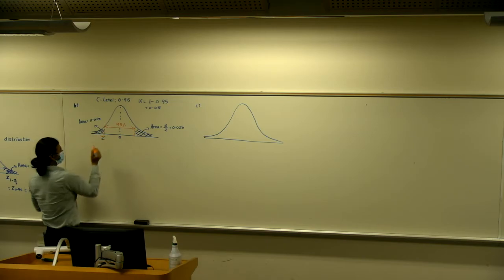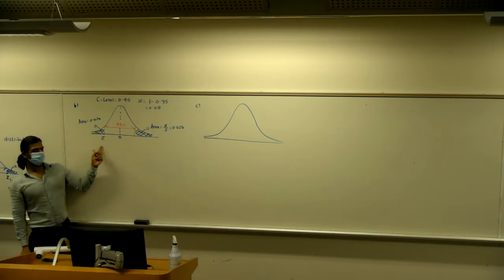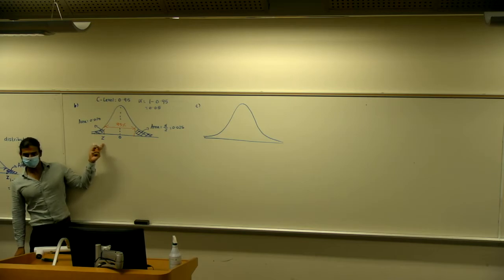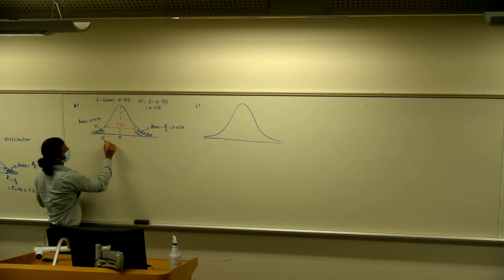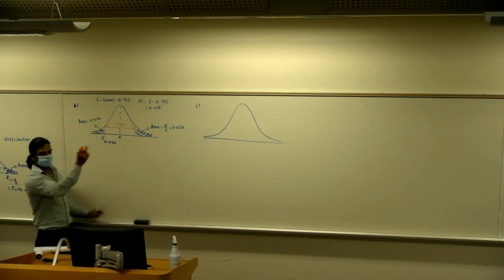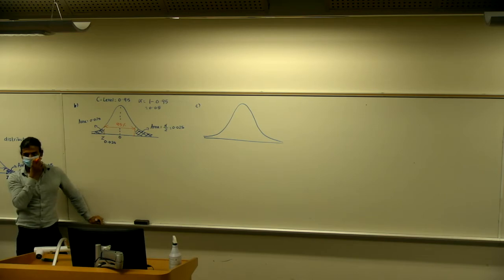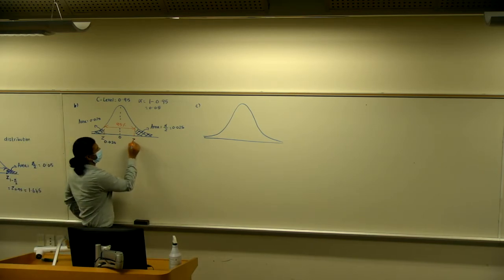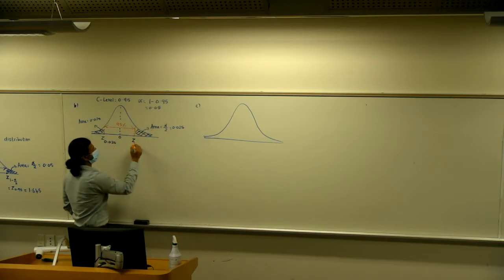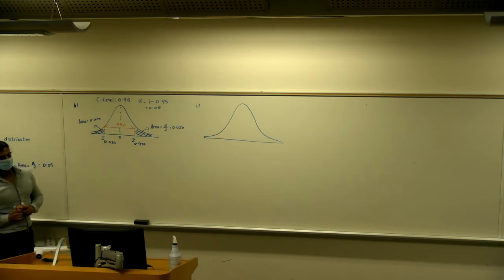In terms of notation, this would be z sub, what value? Alpha over 2, which is 0.025. And on the other side, it would be 1 minus alpha over 2, which would be 1 minus 0.025. You'll get 0.975.